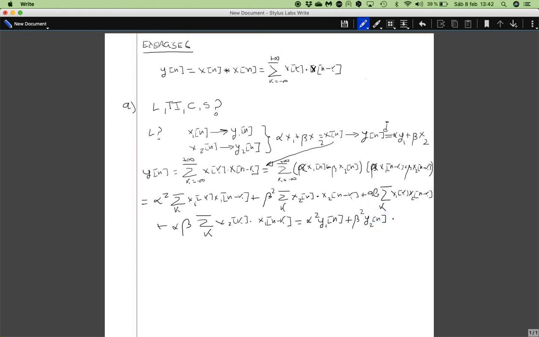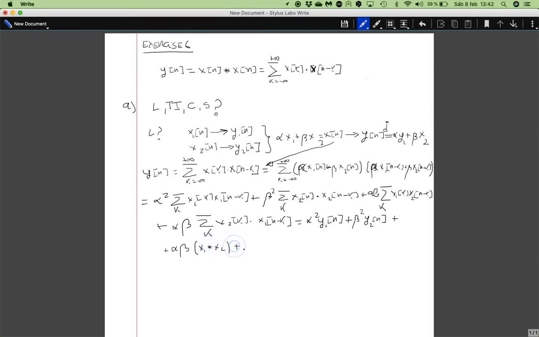Okay, but we have two cross terms here. The first cross term will be alpha beta, and this cross term here, let me check, is the convolution of x1 with x2.